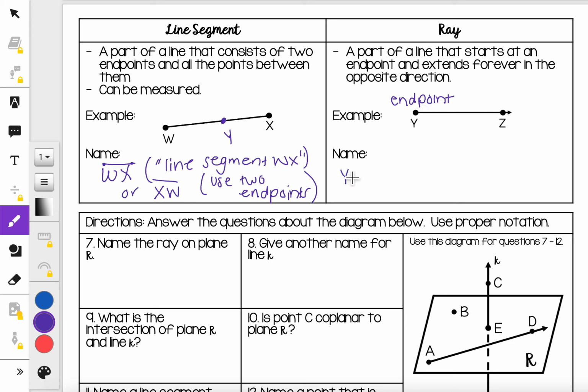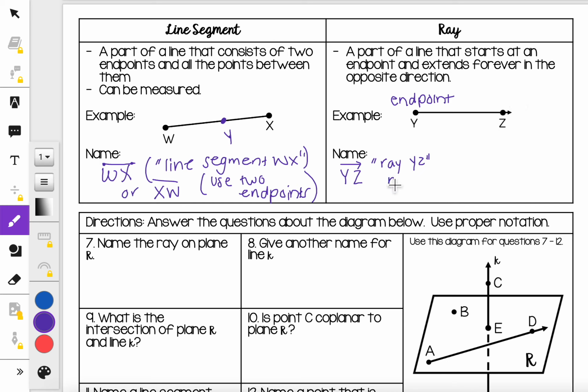So when we name this, this is going to be ray YZ. Okay, so again, this is ray YZ. Okay, and we're going to name it by starting with the endpoint, okay, and then a point that goes in that direction. All right, and then any other point that's on either that right or left side shows you this is where we're going to go forever in that direction.